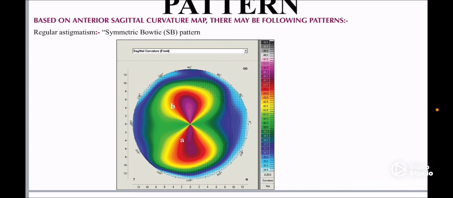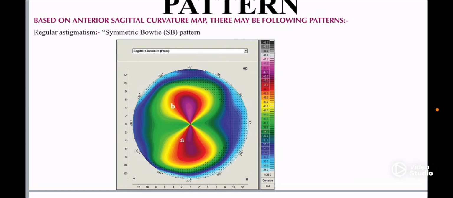Now, a question: how can we say that the two sides are equal, because here we don't see any values? So don't ever go by the color of the map, always go with the values. Now when we select the values mode and magnify the image to a 9 mm circle, we will see different circles, as we will see in later maps.